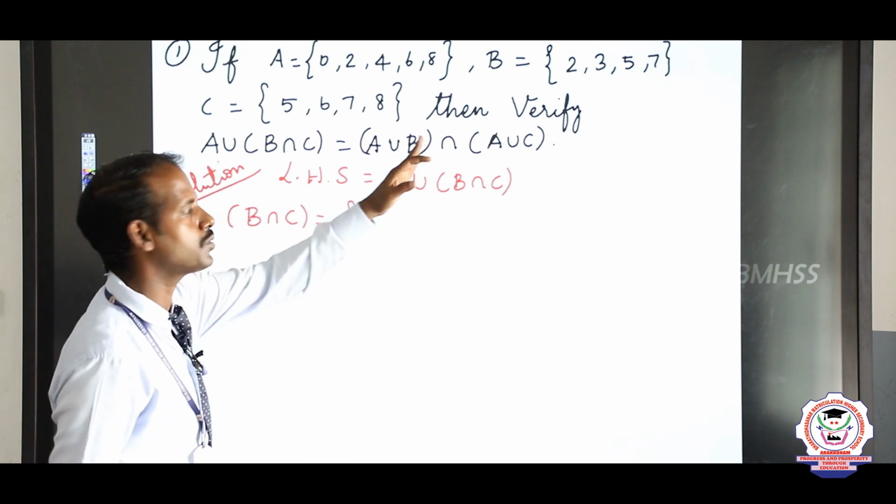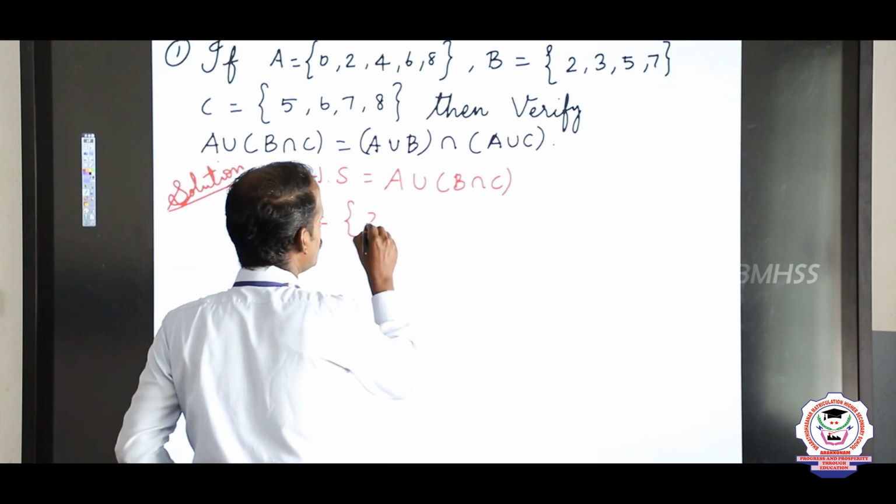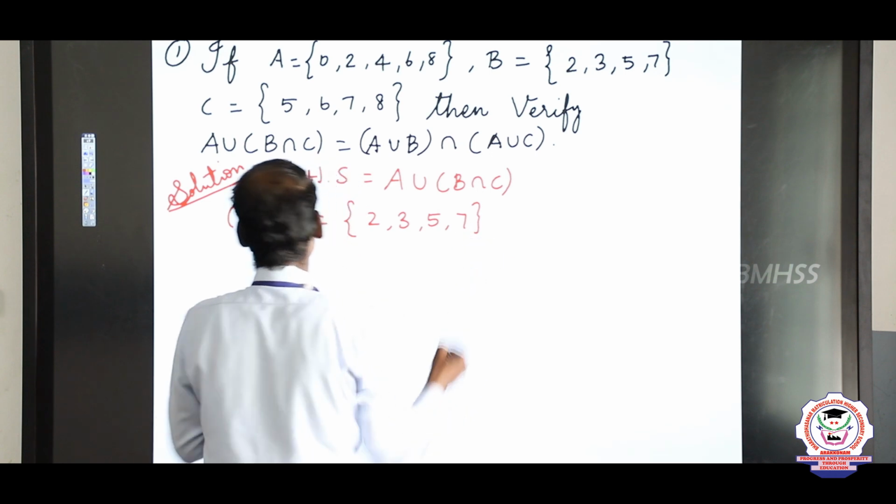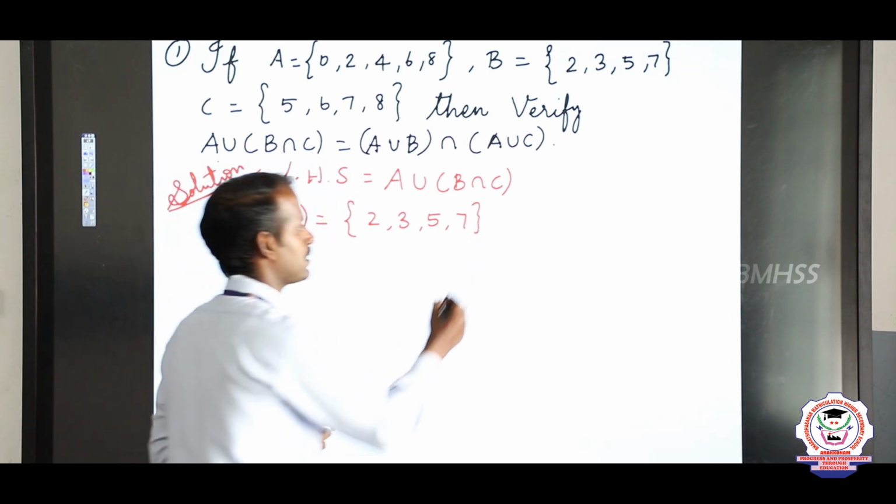B set is 2, 3, 5, 7. The next, intersection. What is intersection?